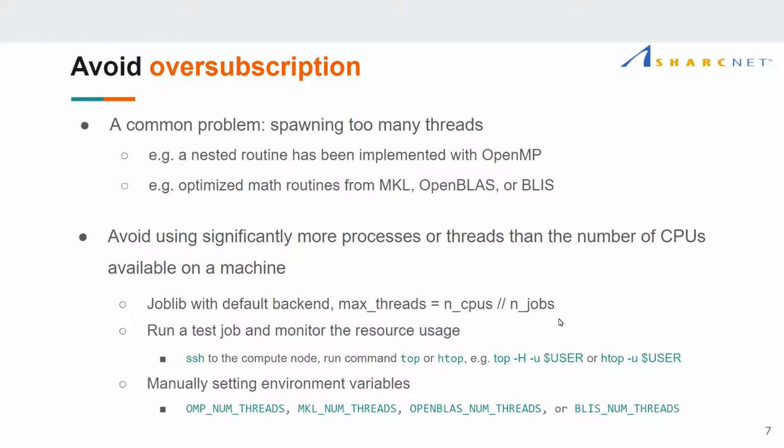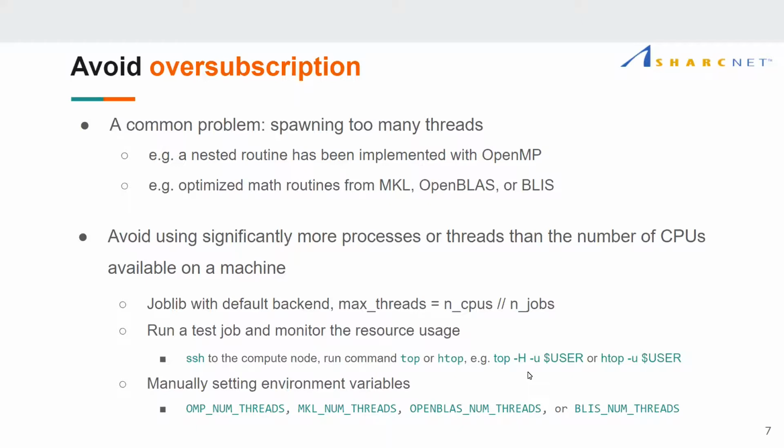For example, SSH to the compute node that the job is running on, then run the command top or htop to see how many processes are running. If you're using the top command, you can use -H to turn on the threads spawned by each of the processes.